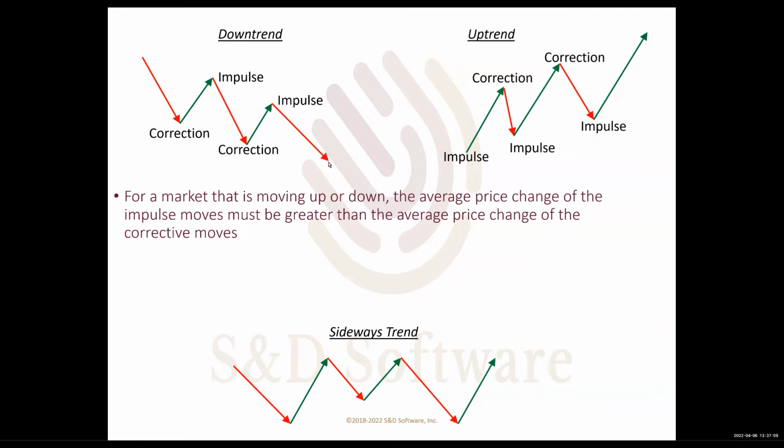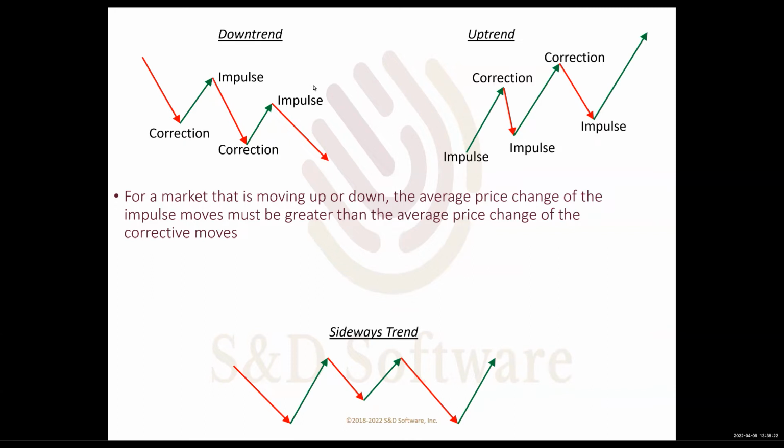So what does that mean? Well, that means that the average of the price change associated with the impulse moves has to be greater than the average of the price change associated with the corrections. Otherwise, price would not be able to continue making progress to the downside.